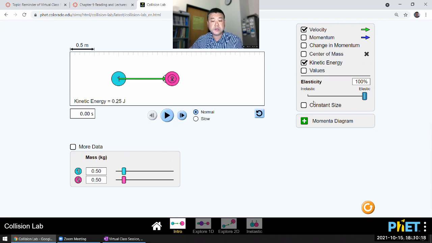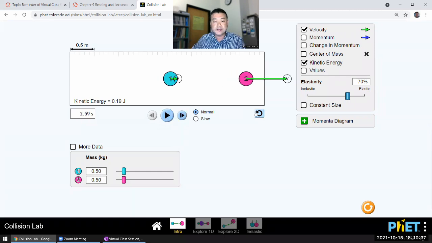Now, as we reduce the elasticity, let's say to 70%, you will see that some aspect of this collision changes. For one, the ball one doesn't come to a complete stop anymore.